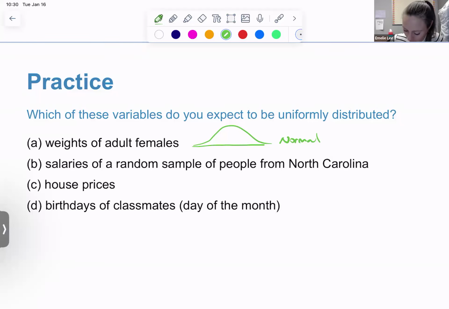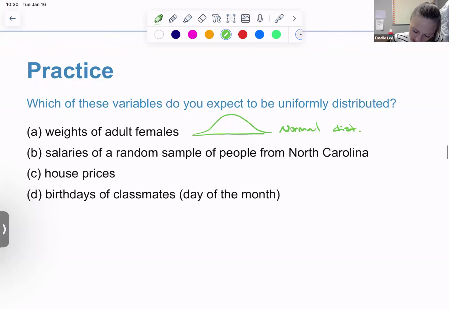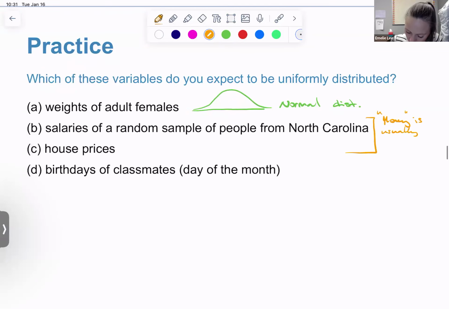Normal distribution. I'll say that in terms of money, money, in quotes, is usually skewed right. Just as kind of a jumping off point.